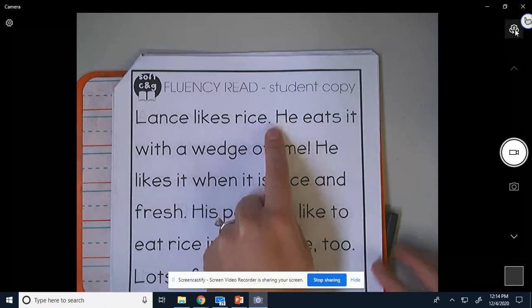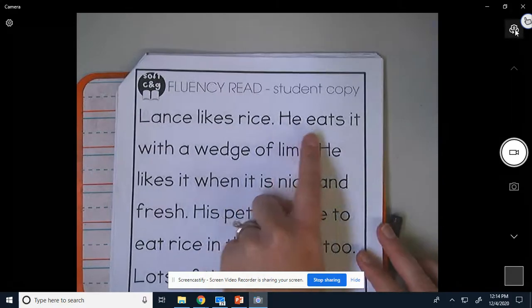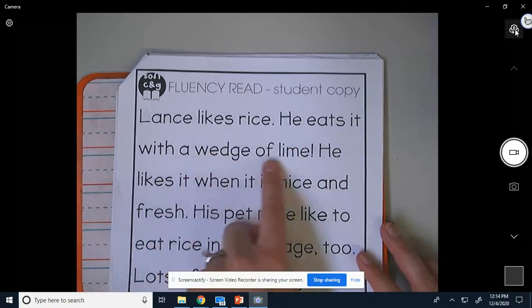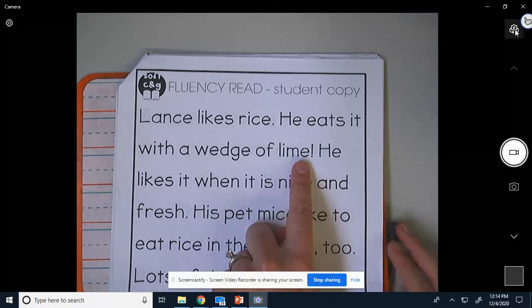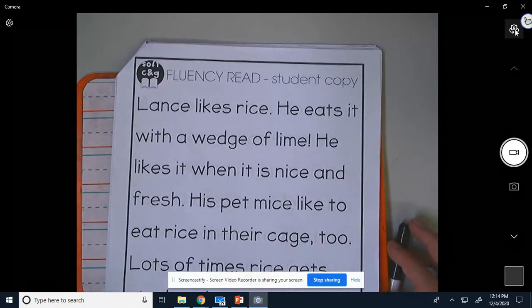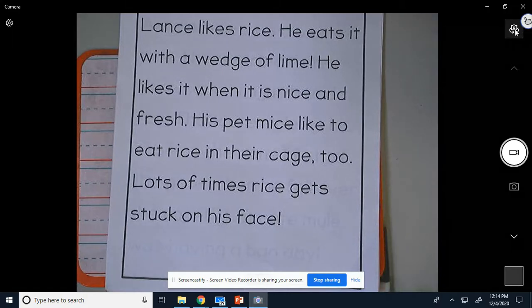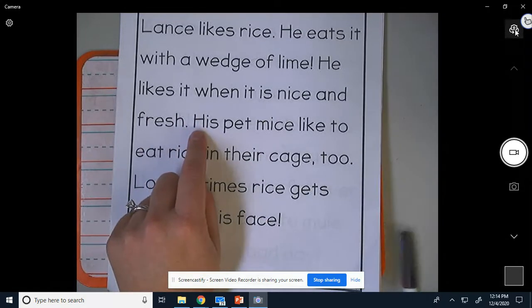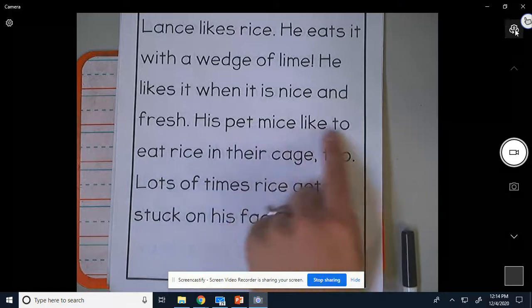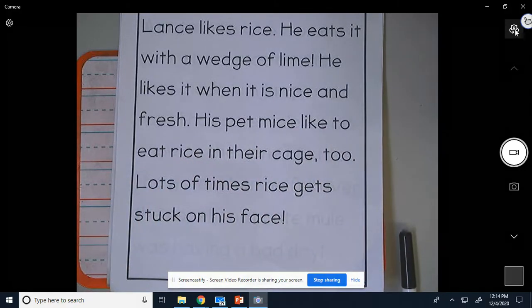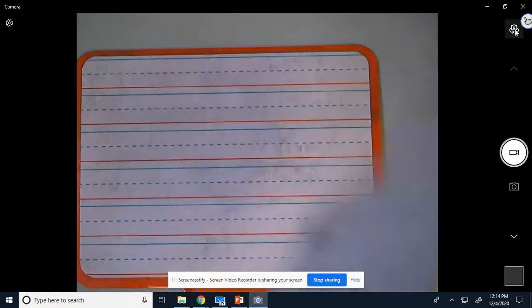The first letter is capital, and the rest of the letters are lowercase. I think that every single sentence in this has a capital letter at the beginning, and all the rest of the letters are lowercase. That's what I want yours to look like too.